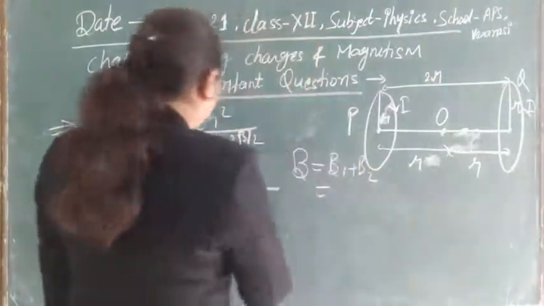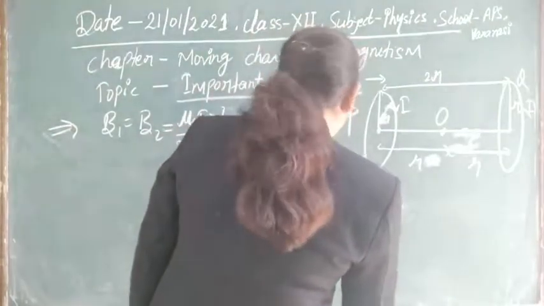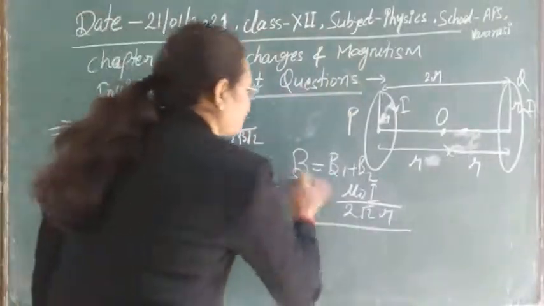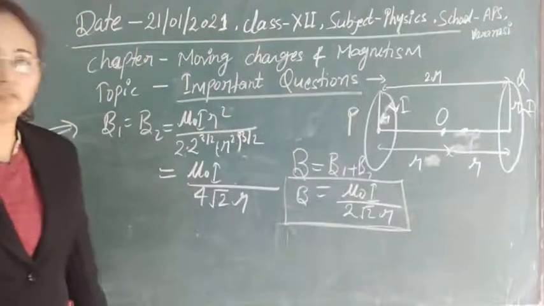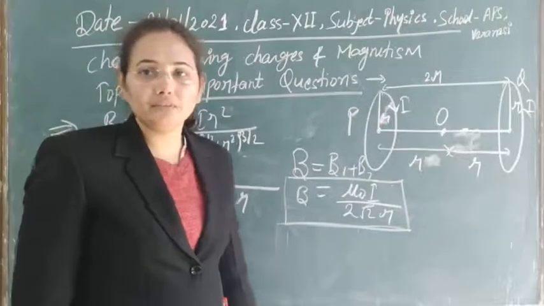Finally you will get this value equal to mu 0 I upon 2 root 2 r. So this is the magnitude of the magnetic field due to this type of system that we have been given. And now what will be the direction of the magnetic field?